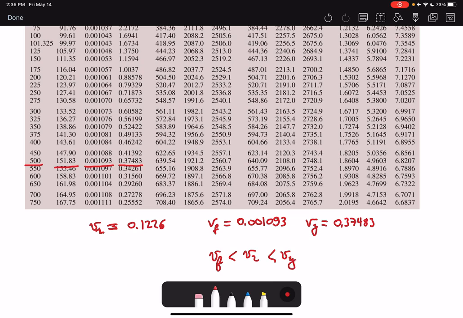So what does that mean? That means that our fluid is a saturated mix. And if it is a saturated mix, that means that it's currently a mix of steam and liquid water.